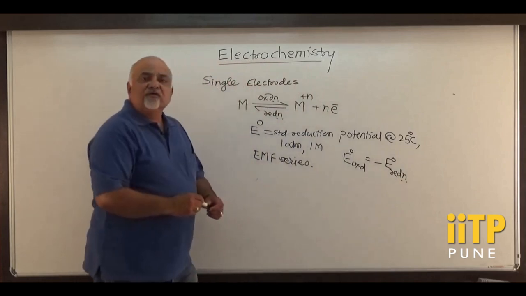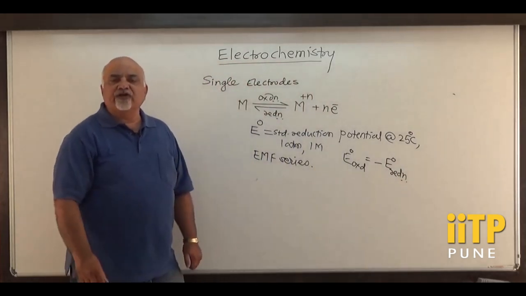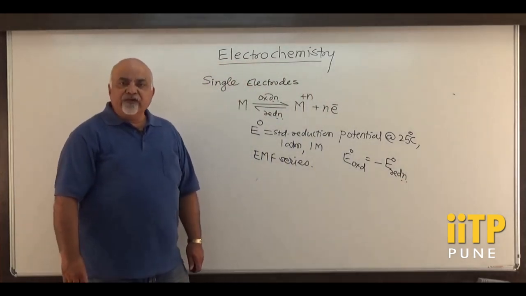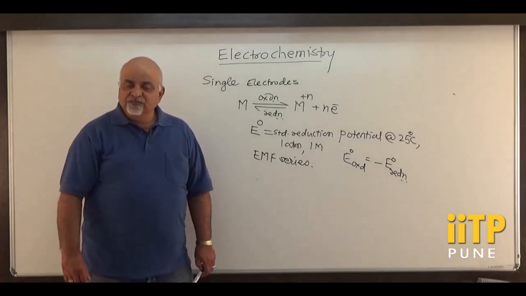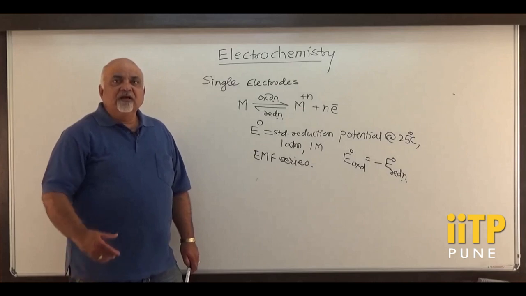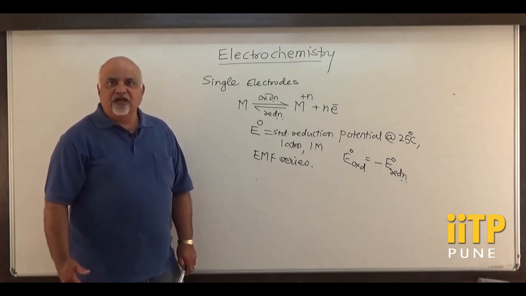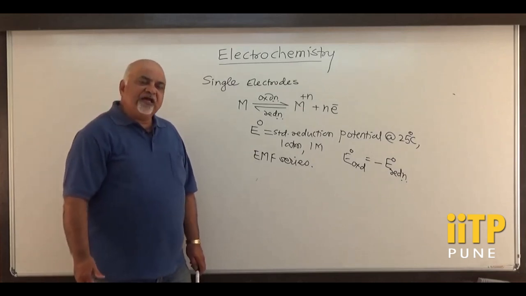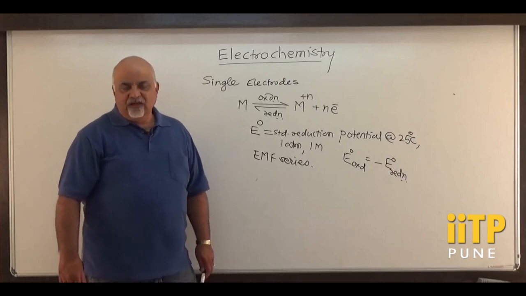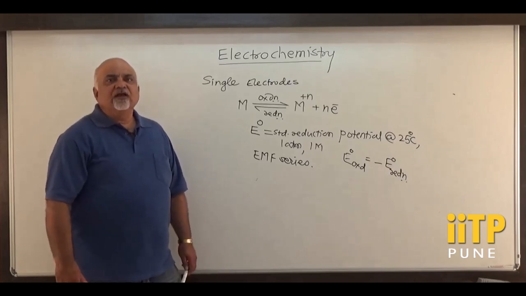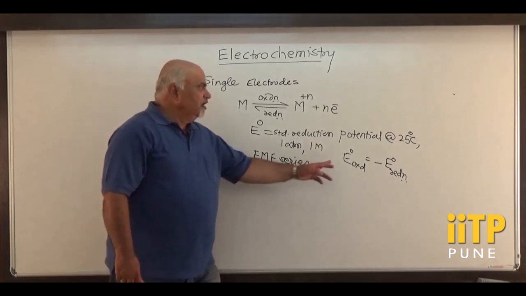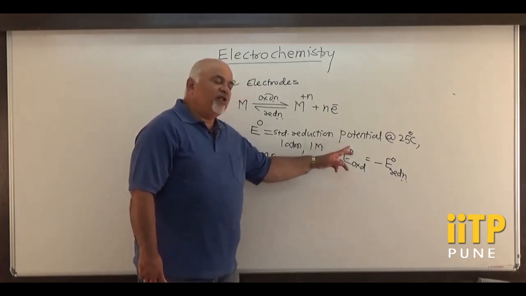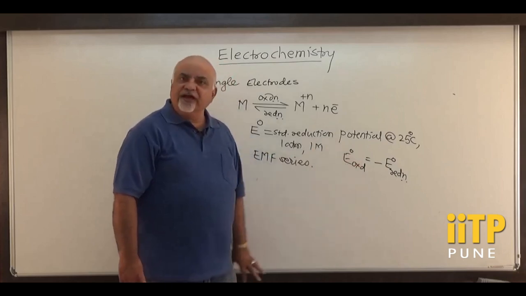So the electrodes which show a positive value of reduction potential definitely have no interest in oxidation. Electrodes having a negative value of reduction potential mainly have an interest in oxidation. And what is oxidation? Loss of electron, and reduction, gain of electron. E oxidation at standard condition is minus E reduction.